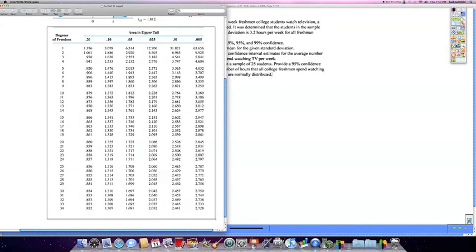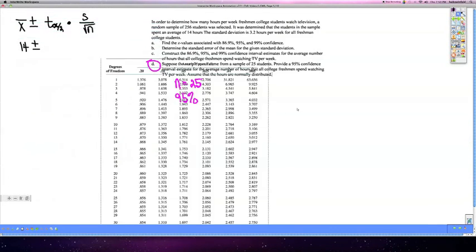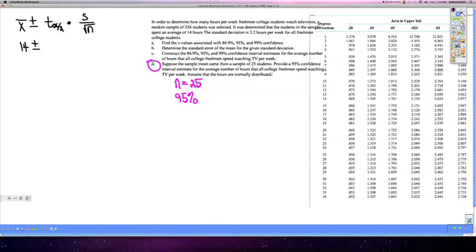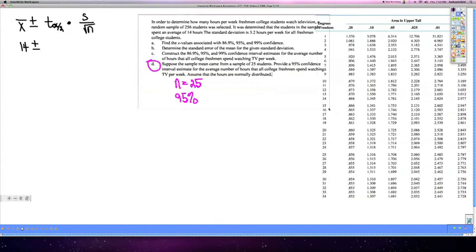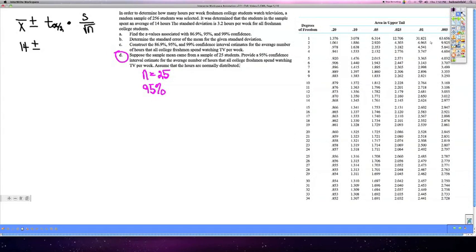I'm going to make a copy simply so that we can mark on our values. All right, so degrees of freedom. We have to have degrees of freedom in order to read a t-chart. So degrees of freedom is n minus 1. Since we have 25 in our sample, our degrees of freedom is 24.